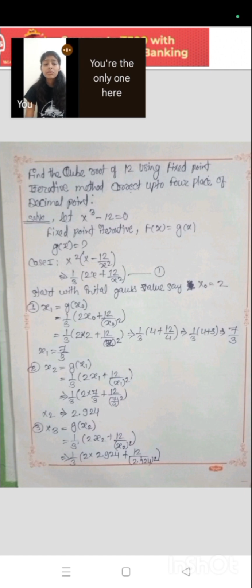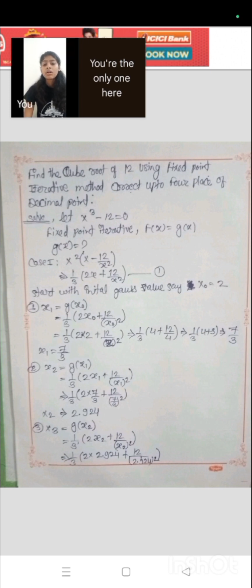Solving this, 1 by 3 into 4 plus 12 by 4, which is 1 by 3 into 4 plus 3, and we find the x1 value 7 by 3.